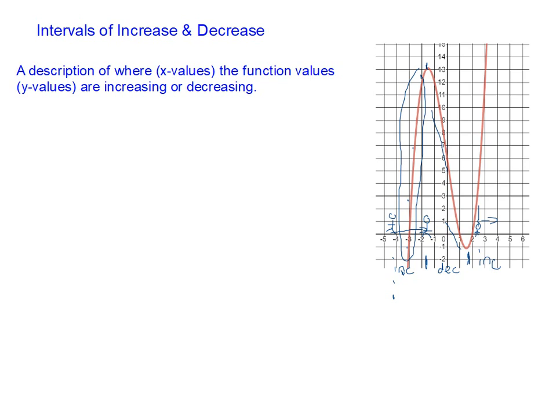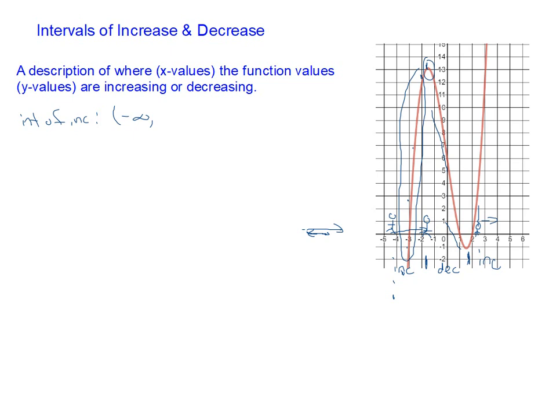So the interval of increase is all the way from negative infinity, way out here. You start walking somewhere out here, and you walk from left to right. These values are getting bigger and bigger. So this interval starts at negative infinity, and it goes all the way to this point right here, which I'm going to just eyeball from the graph for now.